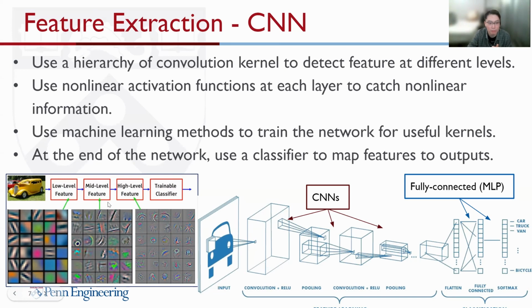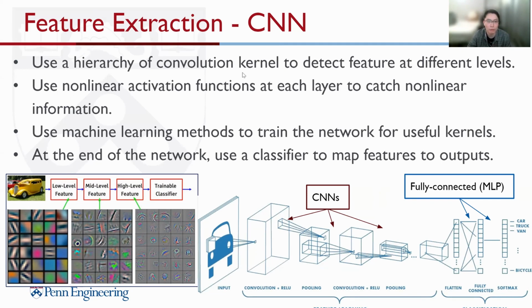Then there are mid-level features, which are a combination of the lower level features. Of course, there are higher level features. Then at the end of this line, we usually have a trainable classifier that maps these features to the label that we want. The label could be an object class, a bounding box, or other things.